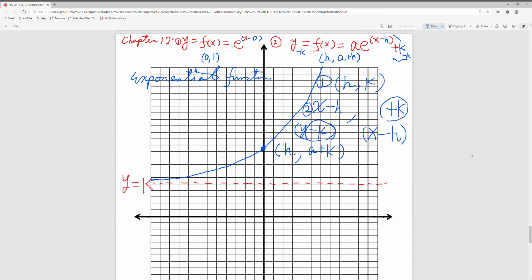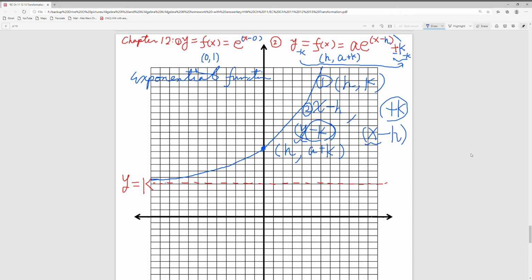So basically, h, k is the number: x minus h, y minus k. When you move the minus k to the other side of the equal sign, then it becomes plus k. This is a very easy concept, but a very confusing part that students may ask about all the time.